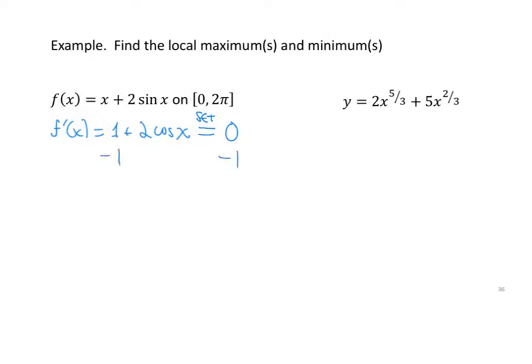If I solve this equation, I'm going to have cosine x equals negative 1/2. I have to think about where are the x values in 0 to 2 pi where cosine of x is equal to negative 1/2. It'll help to make a little graph of cosine.